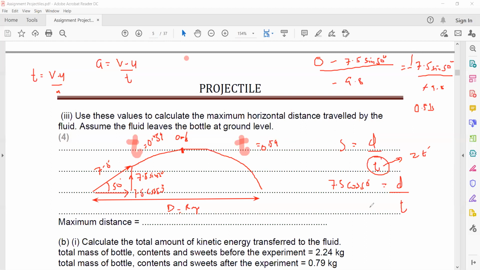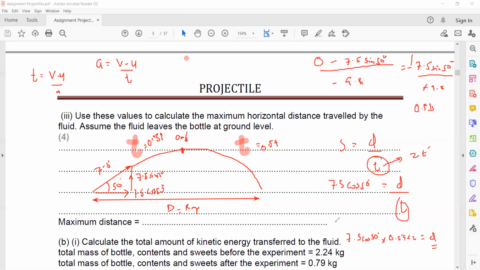So what will be the total time? The total time will be 0.59 multiplied by 2. And I need the distance, so it will be 7.5 cos 50 multiplied by 0.59 into 2, because it is twice, the total time. So what is the distance traveled by the fluid? 0.59 multiplied by 2 multiplied by 7.5 cos 50.